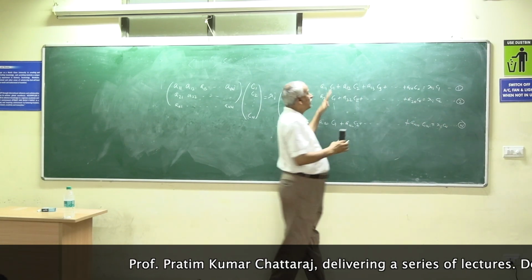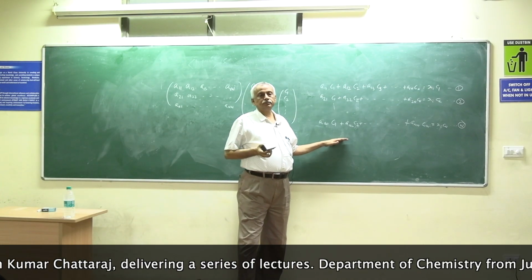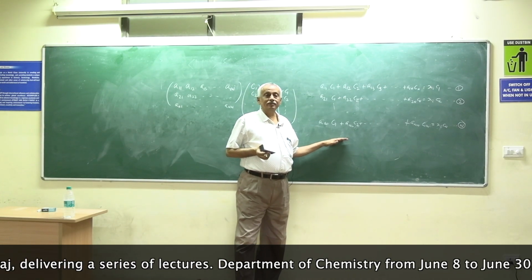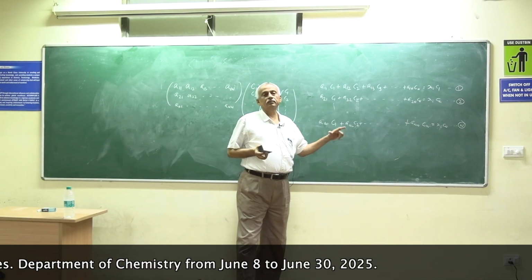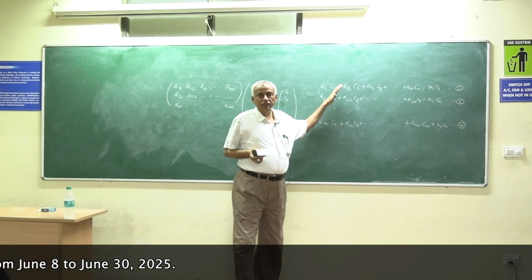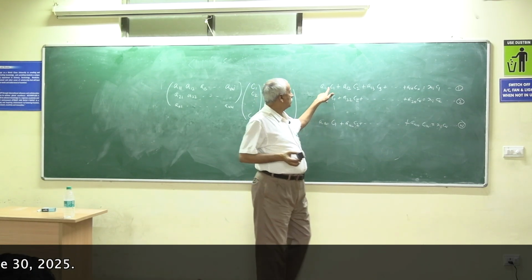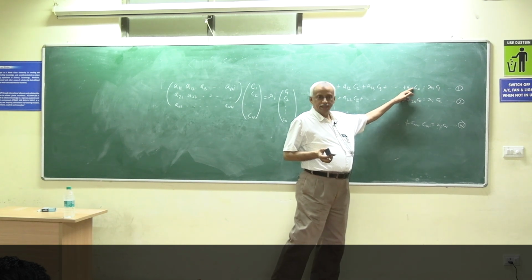So you can see these are n linear simultaneous equations. I had written explicitly for two variables x, y. Here you have unknowns C1, C2, C3 up to Cn, n number of unknowns, n number of equations.